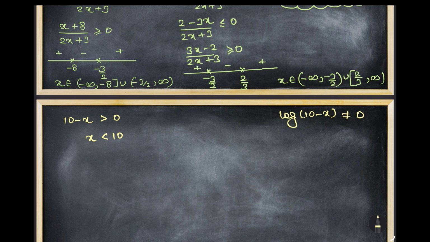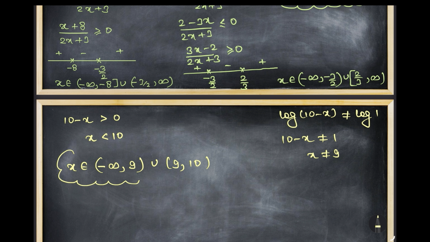And for the log to be 0, the argument should be 1. So 10 minus x is not equal to 1, meaning x cannot be equal to 9. So from here we got minus infinity to 9 union 9 to 10. This is your yellow part.